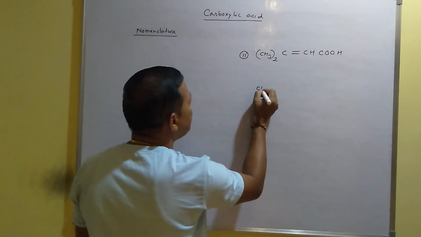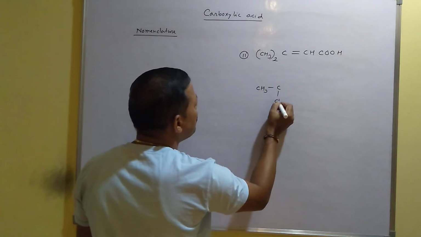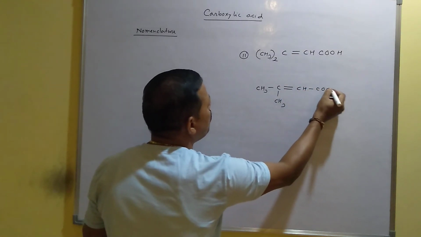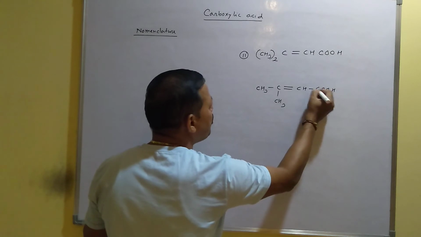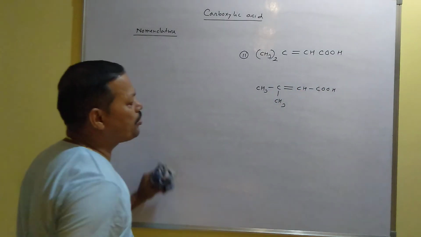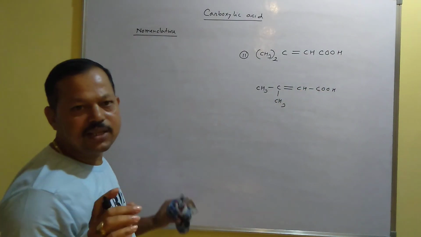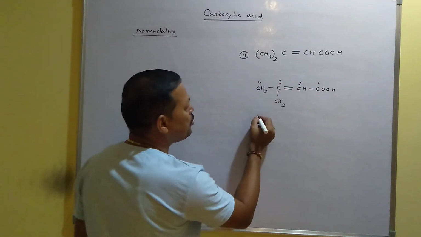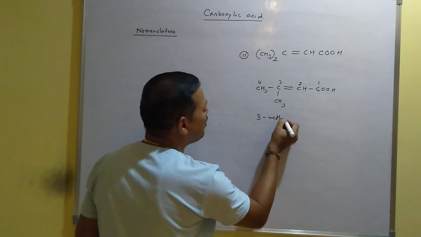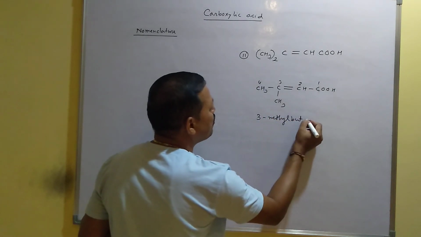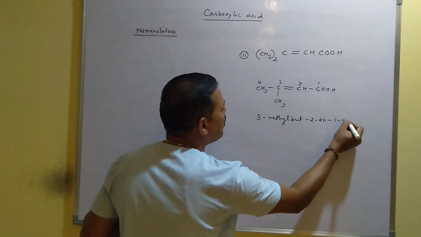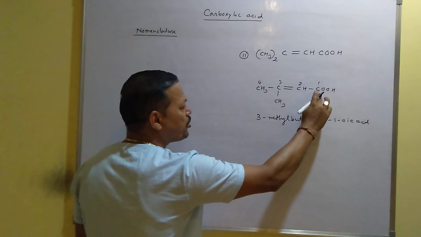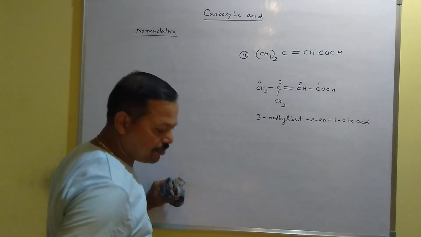You can break it like this: CH3 C, 2 CH3 present, that's why you can write like this: double bond CH COOH. Here 2 functional groups are present, carboxylic acid and alkene, double bond. Since carboxylic acid gets maximum preference, 1, 2, 3, 4, that's why the name should be 3-methylbut-2-en-1-oic acid. You can write oic because in carboxylic acid the carbon is used in numbering.